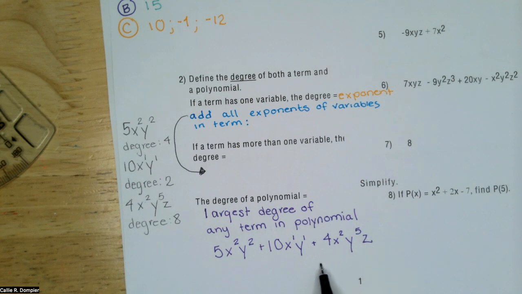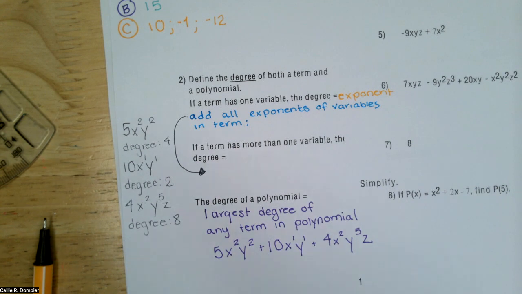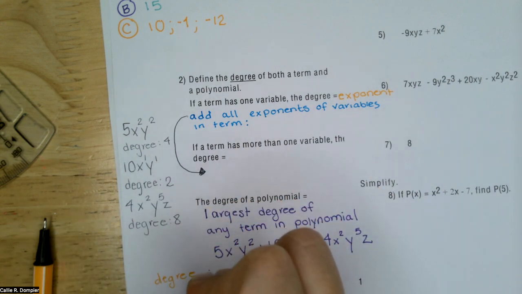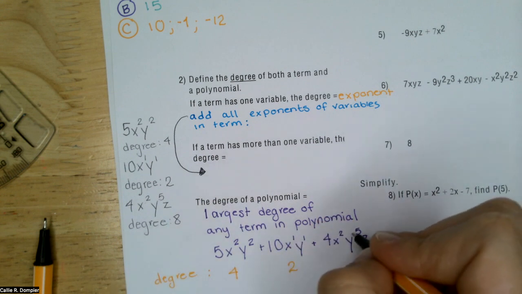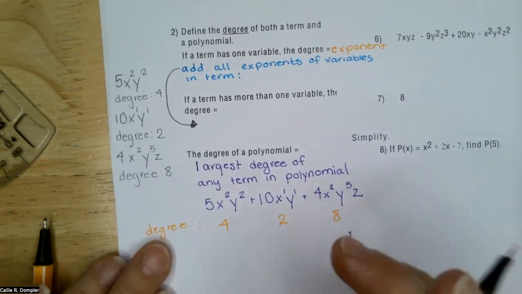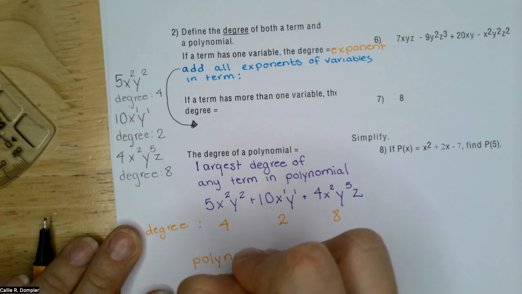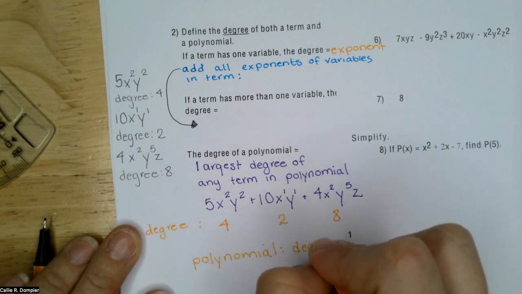I think I would have to put this one first because remember we decided the degree of the terms. This is a 4th degree, that's a 2 degree, that's an 8th degree. And so the largest degree of any term in the polynomial, this is an 8th degree polynomial. So the entire polynomial is a degree 8.